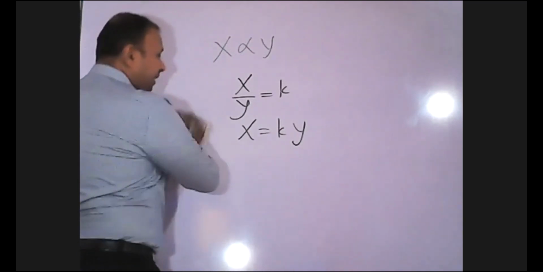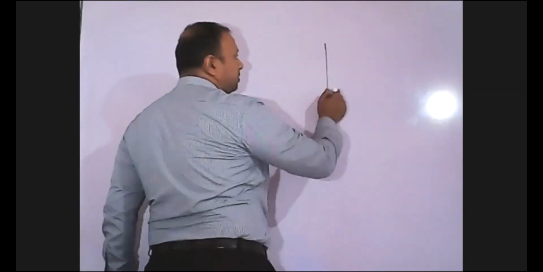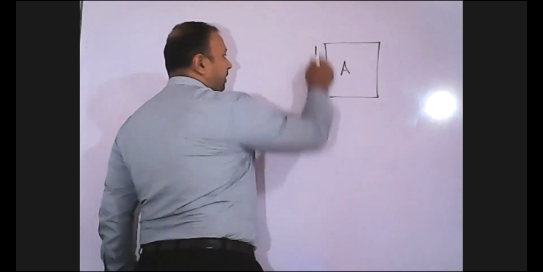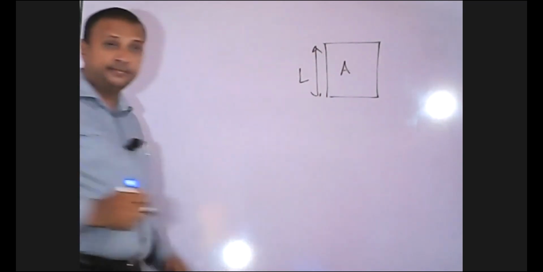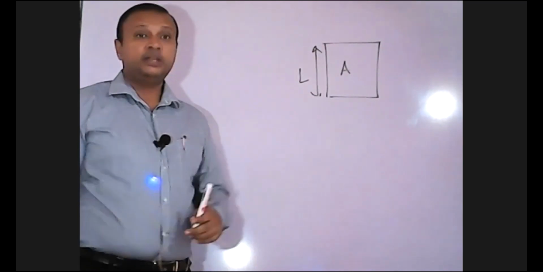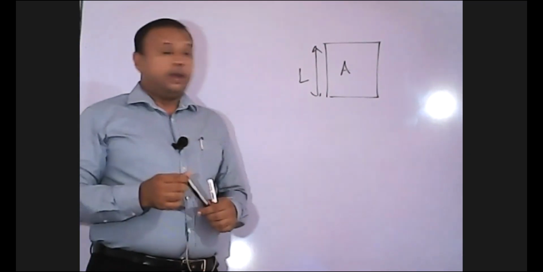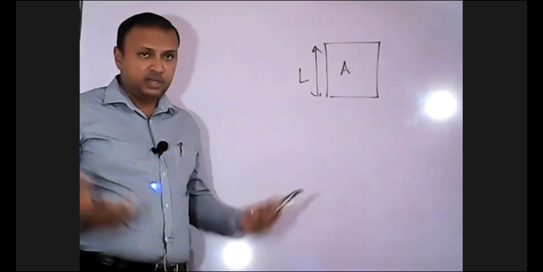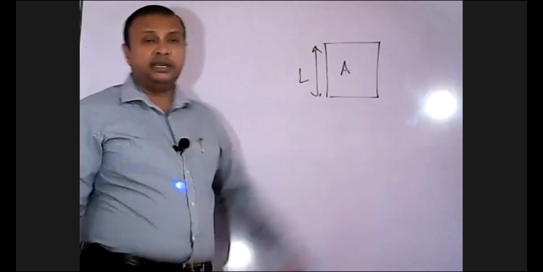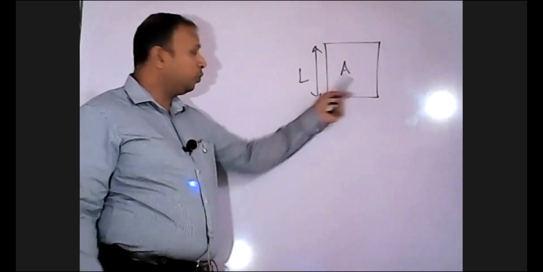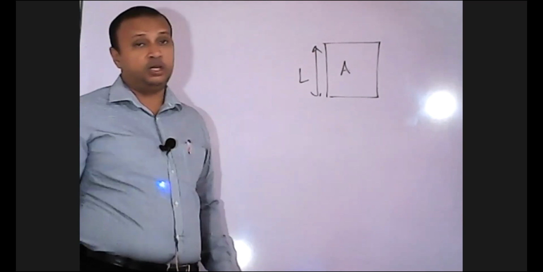As an example, we discussed last week, suppose we have to build an equation between the area and the side length of a square. In this case, we don't know whether these two physical quantities are directly proportional or not.